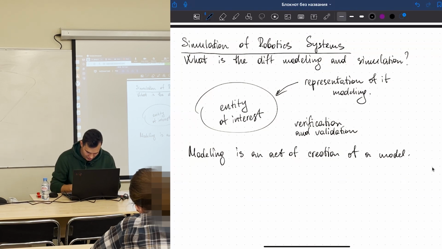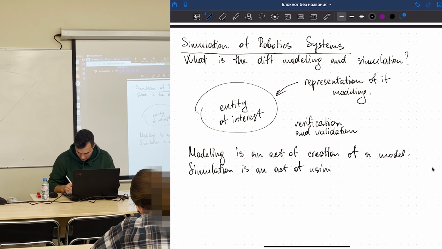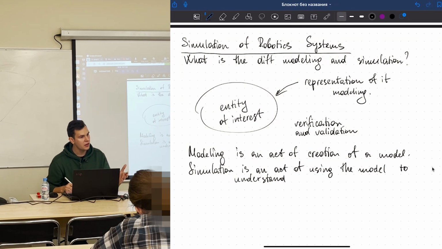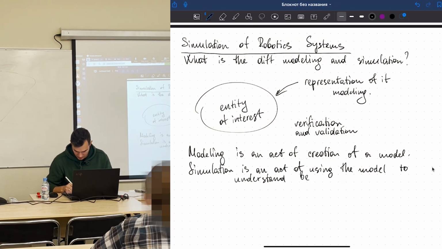So the simulation is an act of using this model to understand behavior and performance, right?